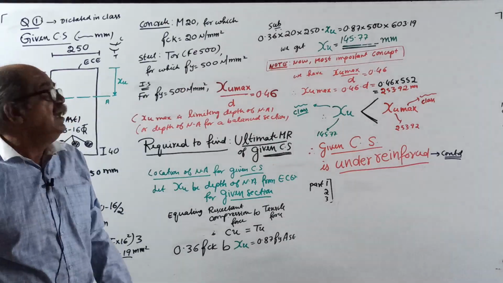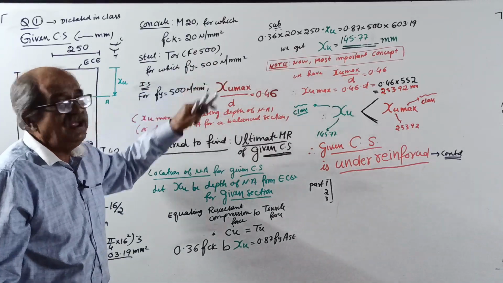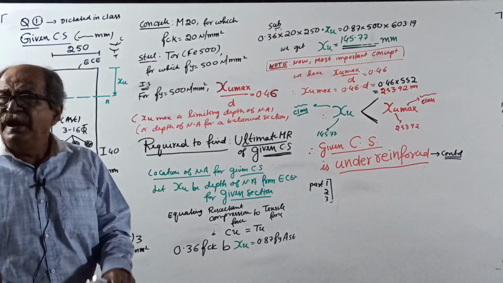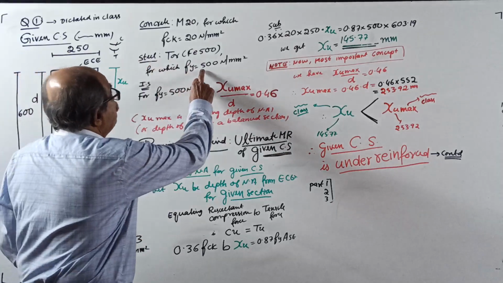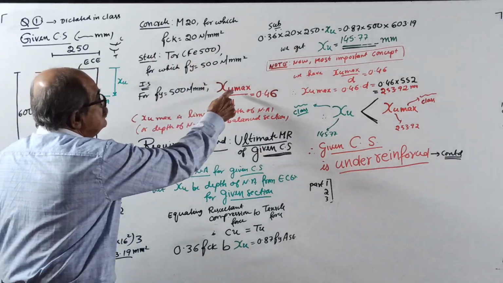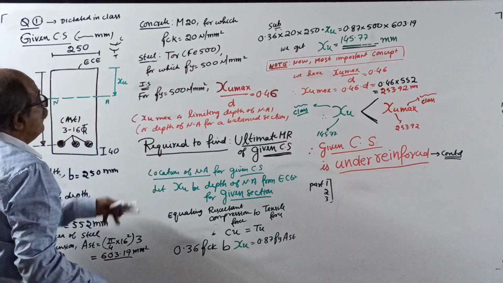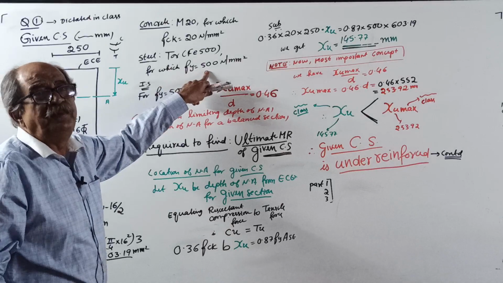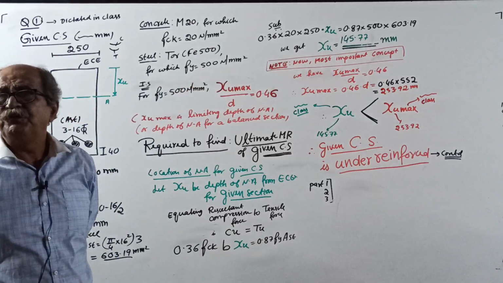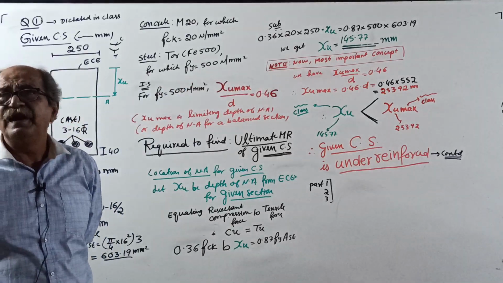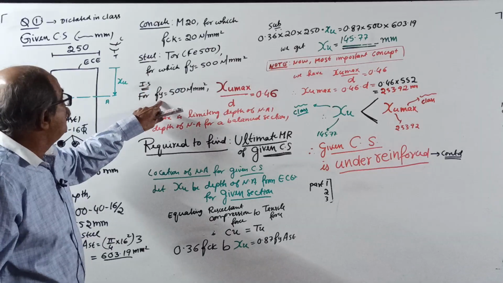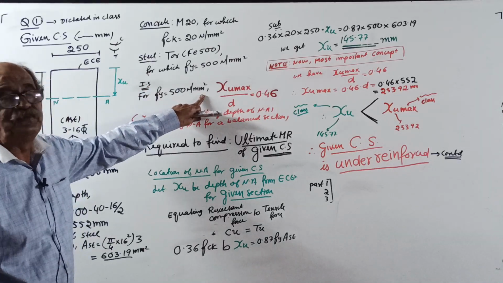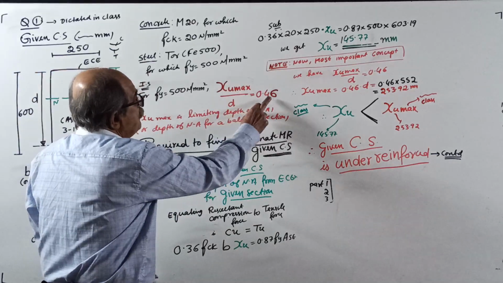Last class I told you, as soon as you get Fy, immediately write XU max by d for that. For Fy 250, 415, 500, you need not calculate. Directly referring to the IS code, for Fy equal to 500 Newton per mm square, XU max by d is 0.46.